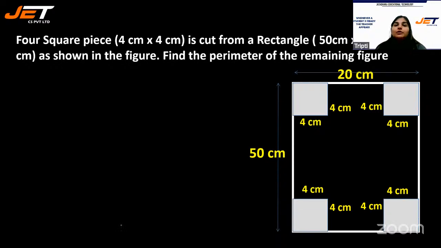So what you can do is, from the entire rectangle, just take out the area of 4 squares. If you find the area of 1 square, you will be able to find the area of 4 squares. And then it will be easy.